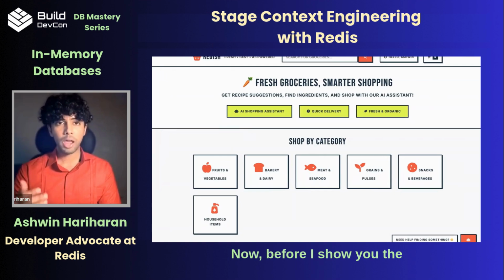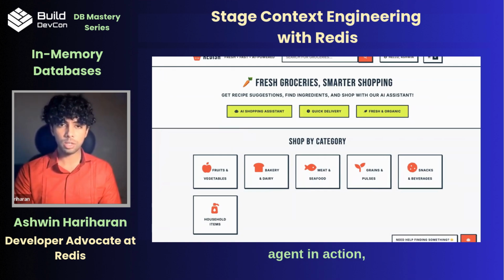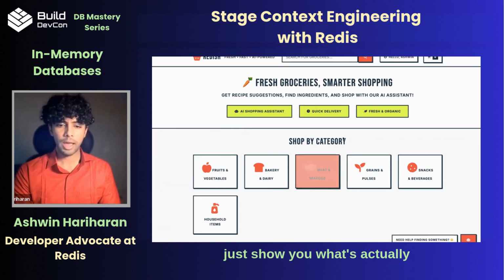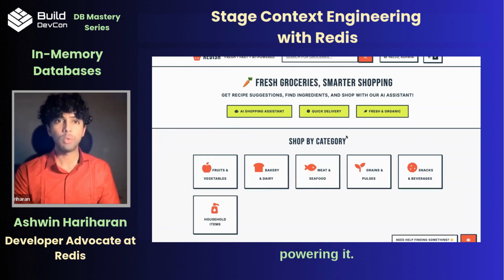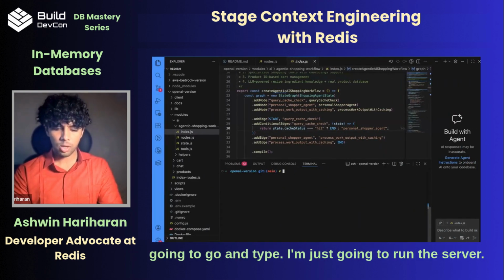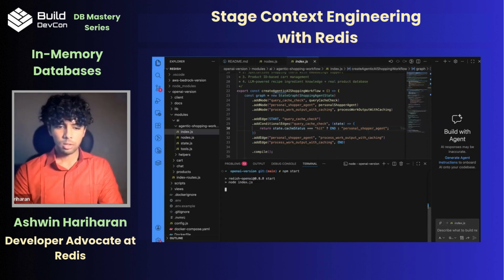Now, before I show you the agent in action, let me pull back the curtain and show you what's actually powering it, okay? I'm just going to run the server, okay?